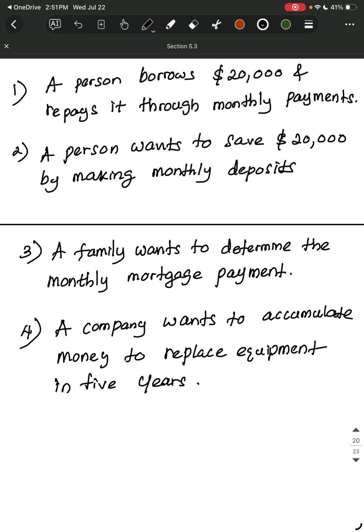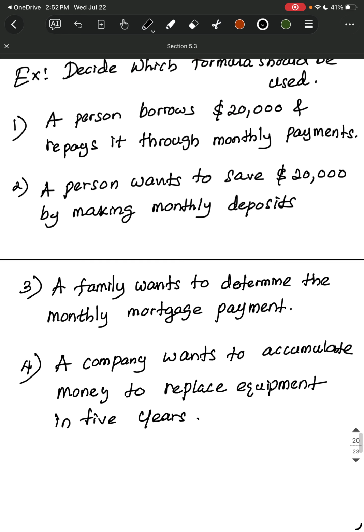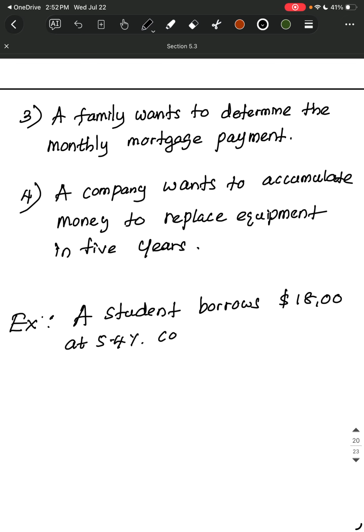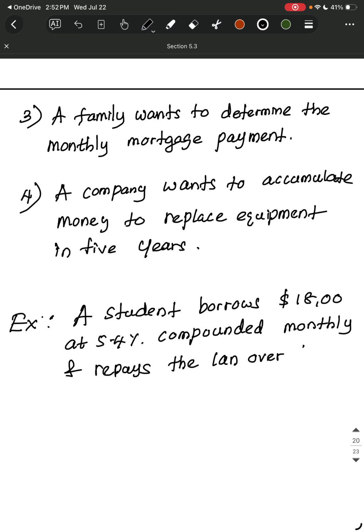Okay, additional practice problem number 2. A student borrows $18,000 at 5.4% interest rate, compounded monthly, and repays the loan over 6 years.